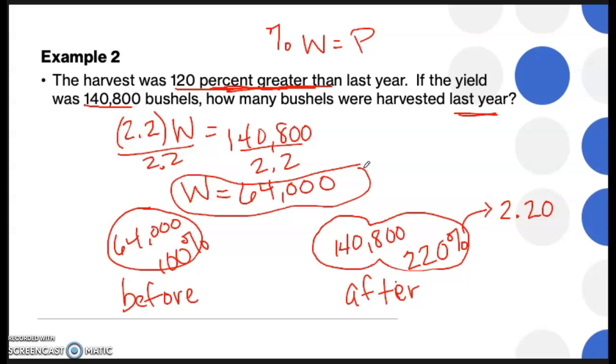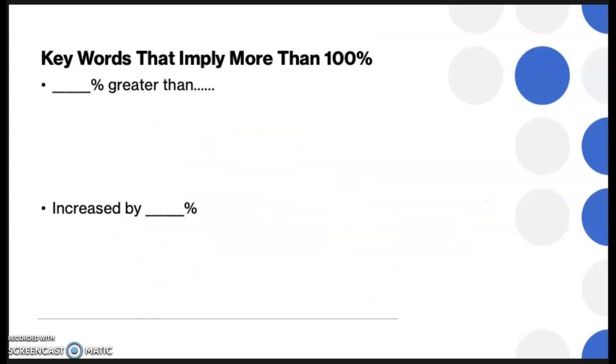The tricky part of this is adding that 100% to this 120%. Recognizing that percent greater than means to add 100% to it. So, some keywords that imply more than 100%. If you see some percent is greater than, that means add 100%. If you see a word problem that says it increased by some percent, you take that and add it to 100%.